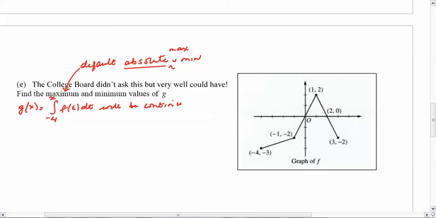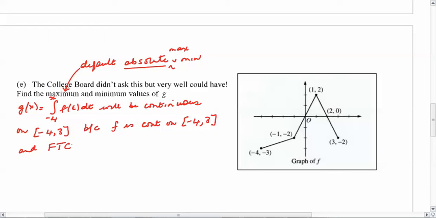In this case, our domain is -4 to 3, because the original graph f that I was using is continuous on -4 to 3, and the fundamental theorem of calculus guarantees that.